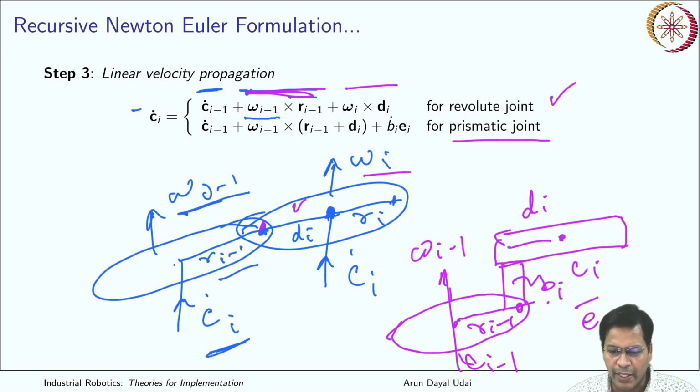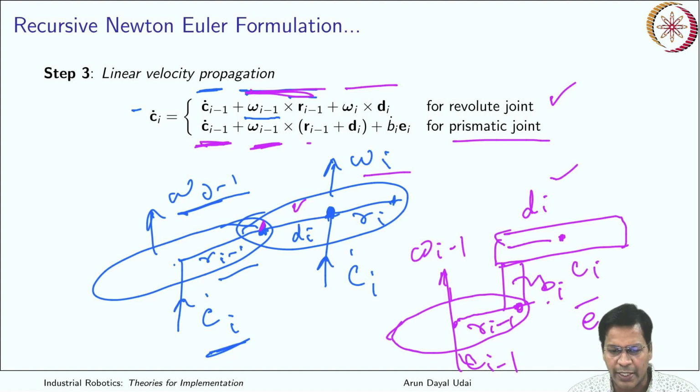So now you can understand, when you want to come to this joint, what all velocity contributions will come here? One is due to the pure velocity of the previous link, because this link itself is riding upon the previous link, so it is given by Ci minus 1 dot. And now the angular velocity contribution. The total angular velocity omega i minus 1 is at a vector distance of Ri minus 1 and Di from here.